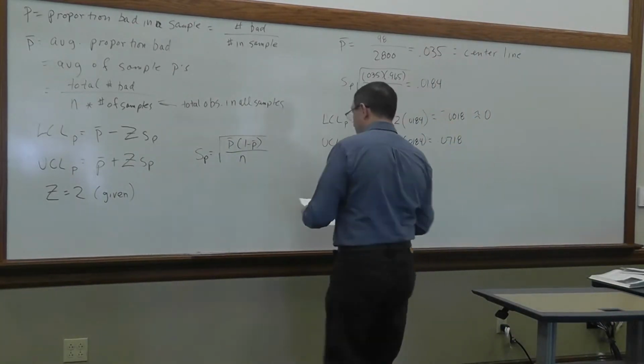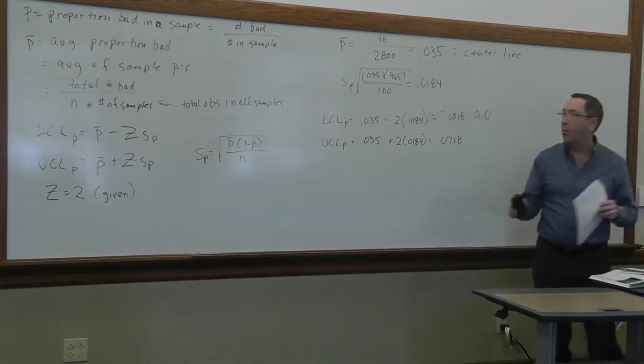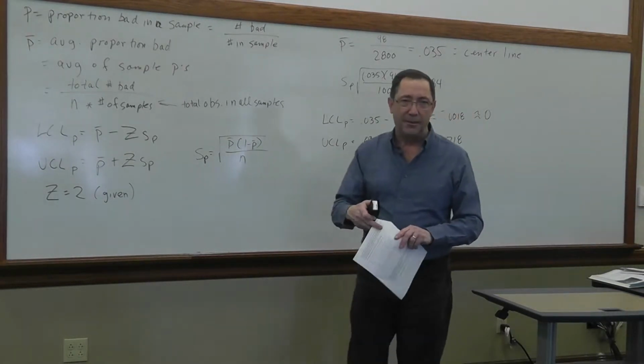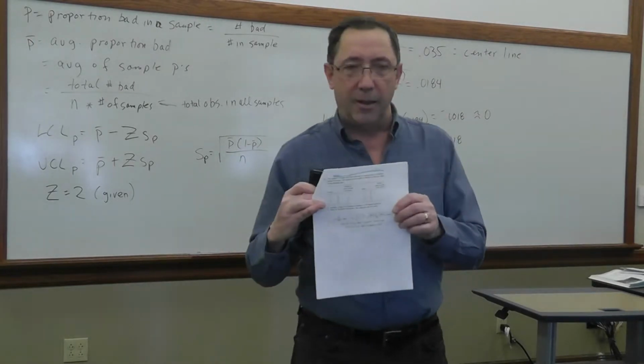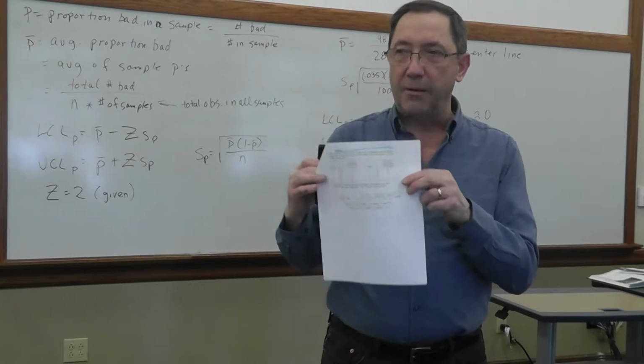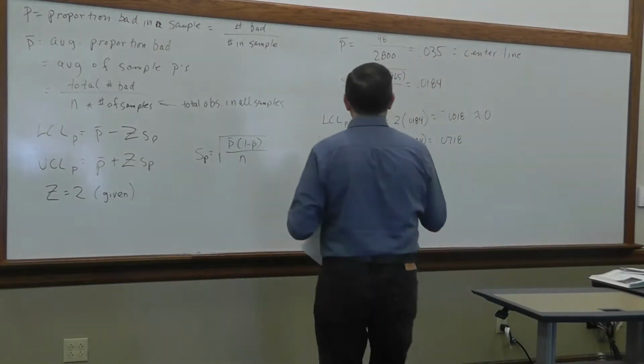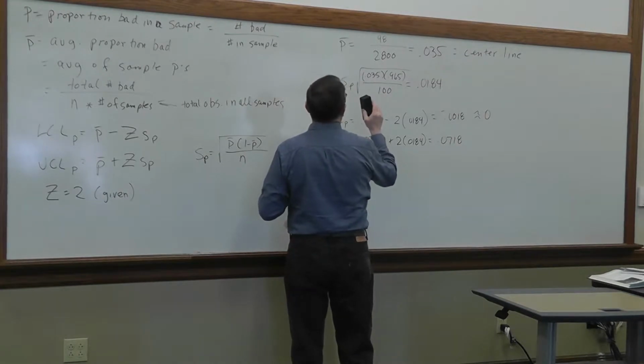We've got some raw data here, but it's a fairly easy one to work with. So you might see something like this on the exam. Even with the raw data that I give you, there's nowhere near as much calculation as needed for an X-bar and an R chart, because the data is much simpler.